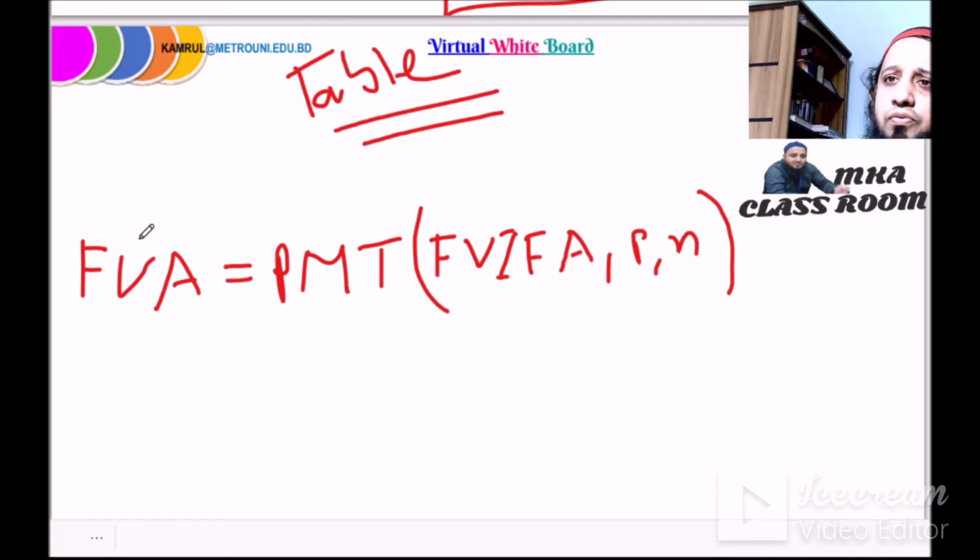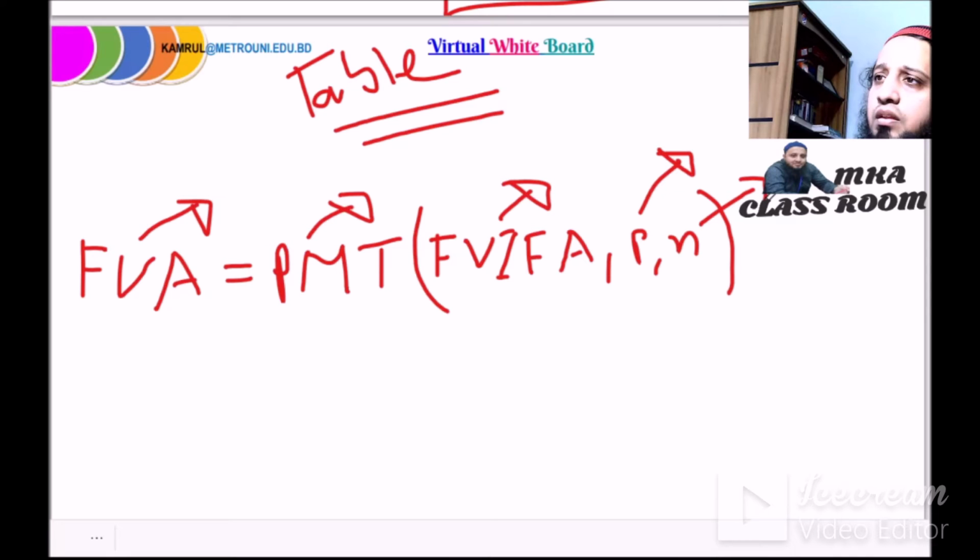FVA is future value annuity, PMT is payment, FVIFA is future value interest factor annuity, R is the rate of interest, and N is the number of periods.